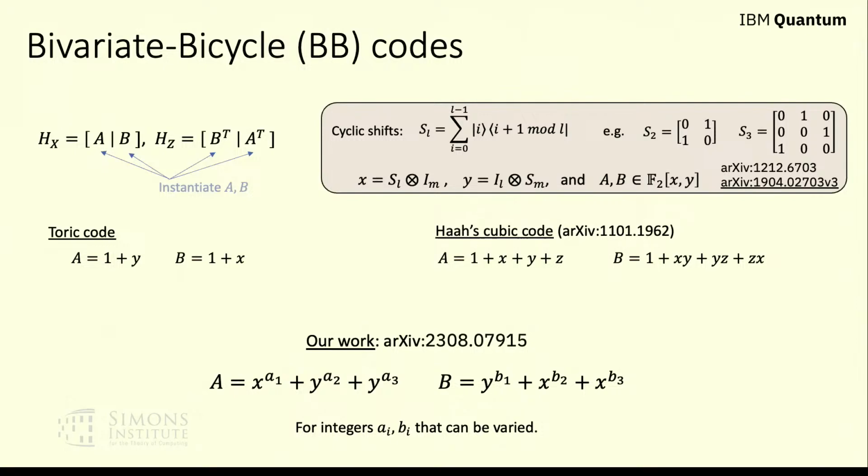And then B will be a single y and two x's. Okay, so we started with a more general prescription and then sort of narrowed it down to something that found the codes that we knew existed from our initial searches. And now you can vary these integers A_i and B_i to find codes.